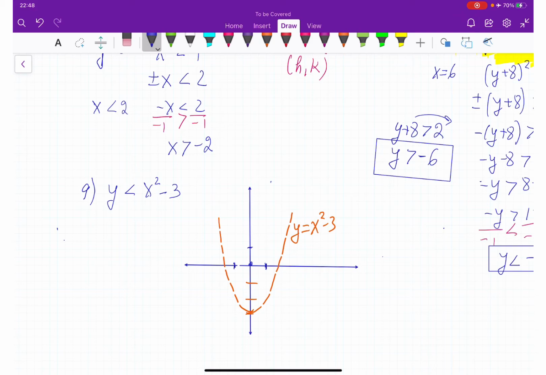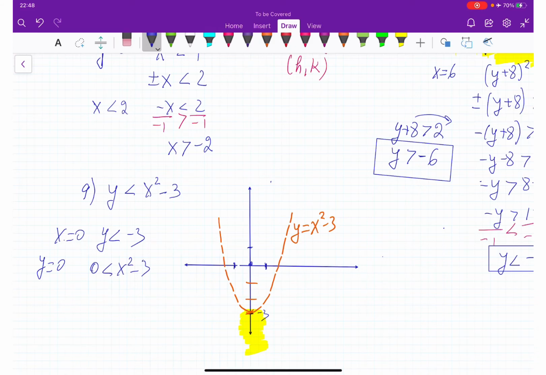If my x is equal to 0, then y is less than negative 3. Right? This is my negative 3. So it's going to be less than negative 3. It's shading down here. Now, when y is equal to 0, we get 0 less than x squared minus 3.